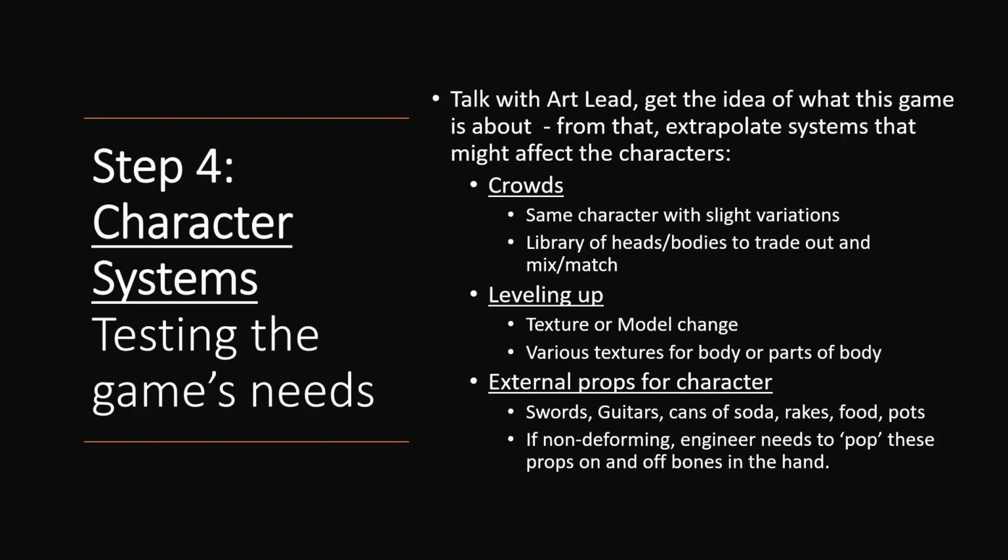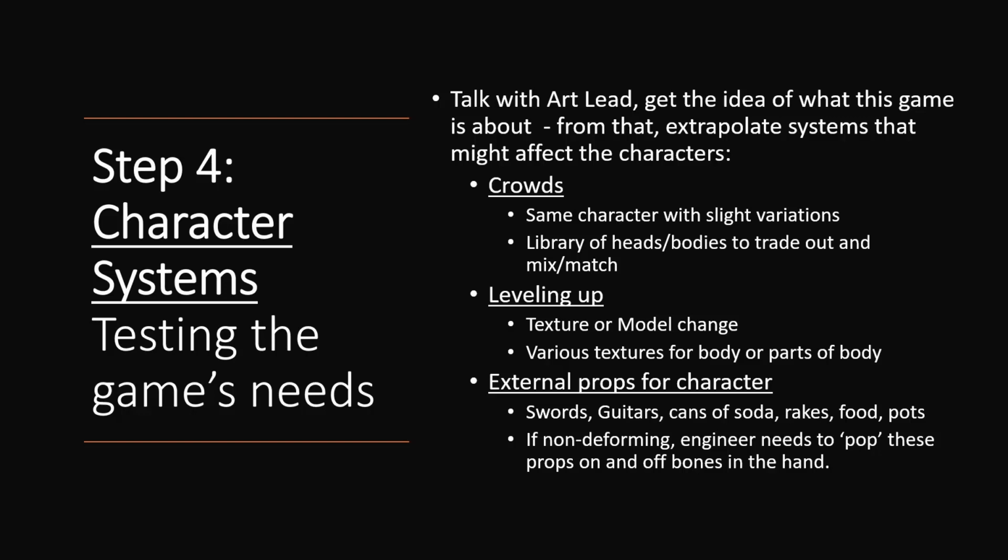So what I mean by character systems is talk with the art lead and understand what the game is about. Like, where do you go from level to level? What does the player do? What is their challenge? Not so much in a story, but in a series of visuals. And extrapolate systems from that. So for instance, this is all about a spy game where you have to find someone in a crowded subway. Or what that means, technically, crowds.